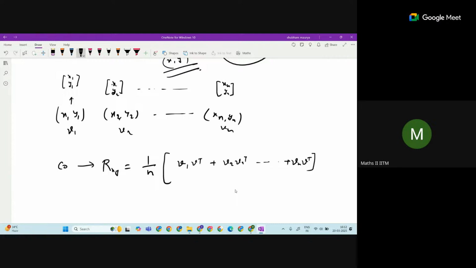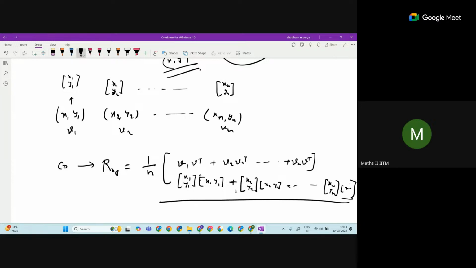Or simply x1, y1 vertically and x1, y1 horizontally, then x2, y2, up to xn, yn. Each product will be a 2 cross 2 matrix.